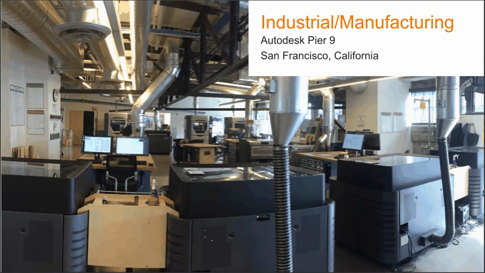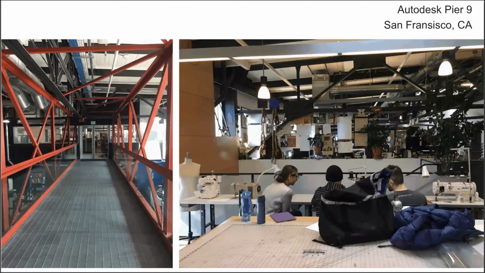We were also really fortunate to tour not one but two of Autodesk's makerspaces, one in San Francisco and one in Boston. The one in San Francisco, located at Pier 9, is really a center for design and digital manufacturing. Community partners can use this space as well.